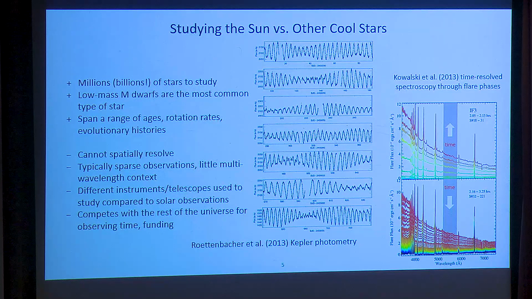So that's another tool that we have, looking at high-resolution spectroscopy, multi-wavelength observations. But oftentimes there's little multi-wavelength context. Similarly to the sun, there's different instruments and telescopes that are used to study stars compared to solar observations. And, small point, but you have to compete with the rest of the universe for observing time and funding.